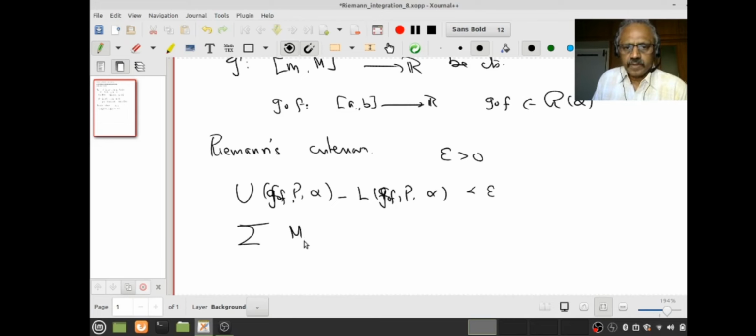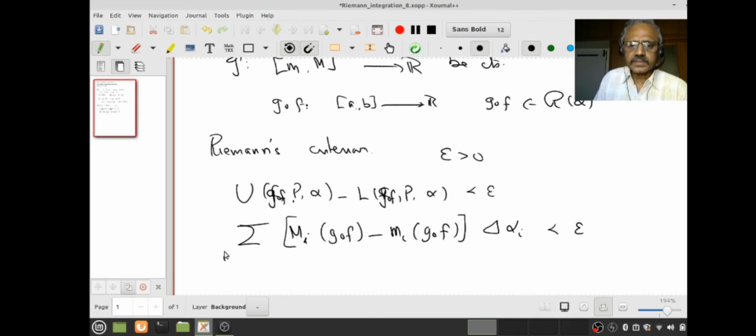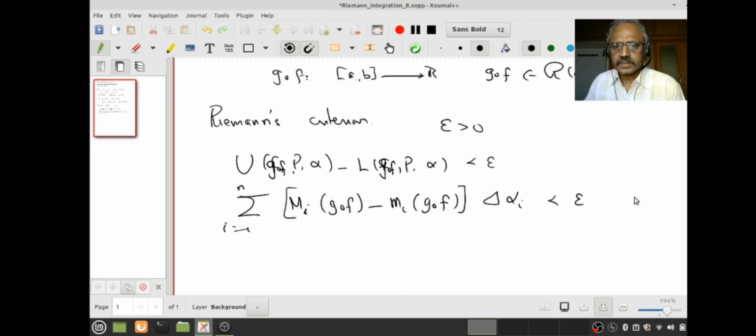This is the sum of capital Mi of g composite f minus small mi of g composite f, multiplied by delta alpha i, less than epsilon, with i running from 1 to n. Now suppose this P is a partition.